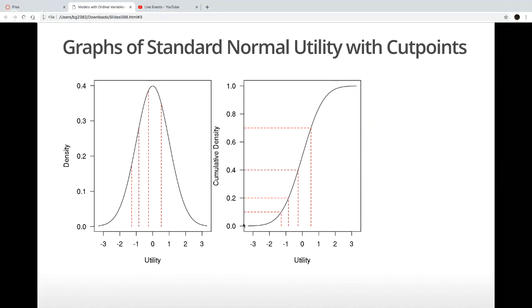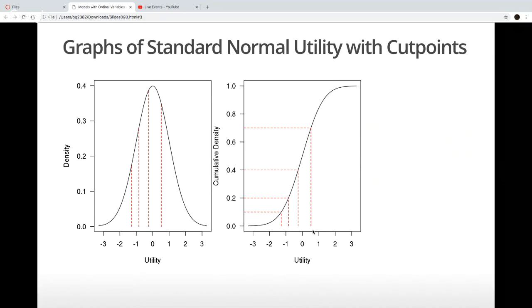When I cumulative sum them together, I get the points where they are on the vertical axis, like 0.1, 0.2, 0.4, 0.7, something like that. Now I'm applying the inverse CDF transformation, starting with these points on the vertical axis, going over to the curve, and then down to the horizontal axis. Where they land on the horizontal axis is going to be my realization of the cut points.